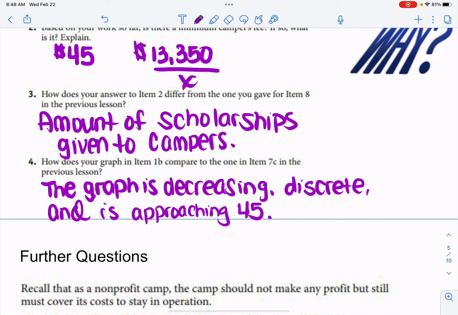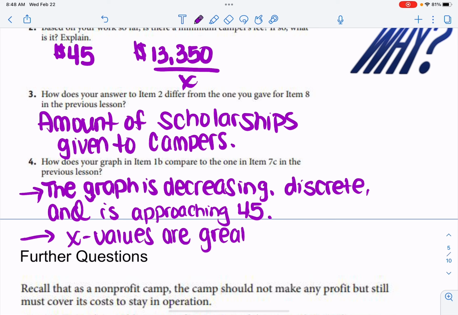That's what's the same. The thing that changes is the x values are greater than 30. Because if you have it less than 30, then you're going to have a negative amount of campers, which would not make sense in the context of the problem.